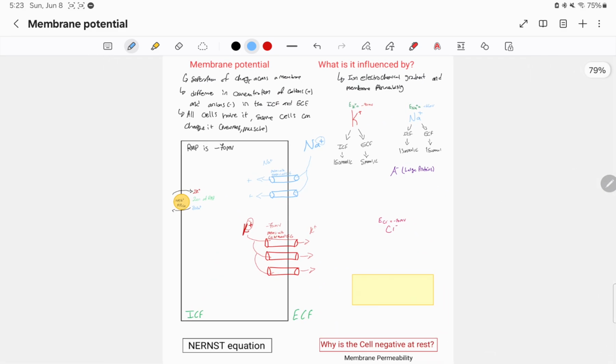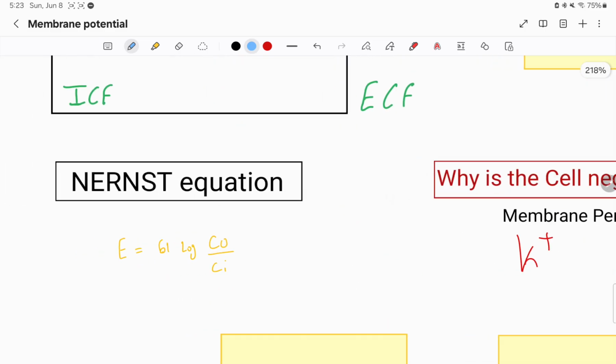All right? Where do we get these numbers? How do we actually calculate these numbers? We calculate them using something called the Nernst equation. This Nernst equation is a mathematical way of estimating the equilibrium potential. So E is the estimate of the equilibrium potential for our ion of interest.